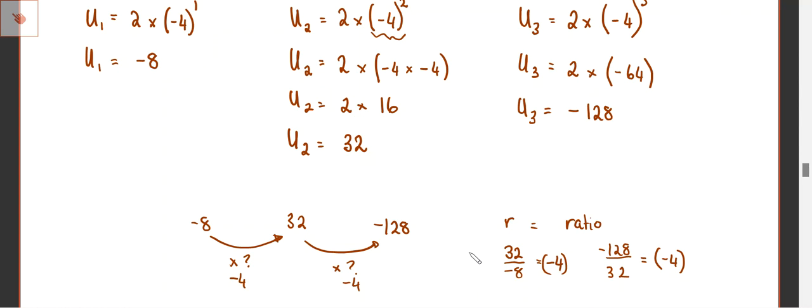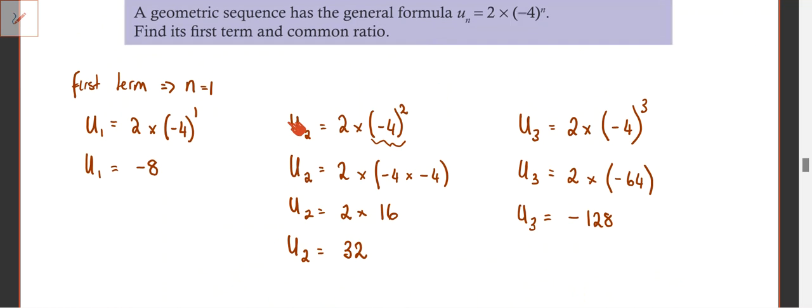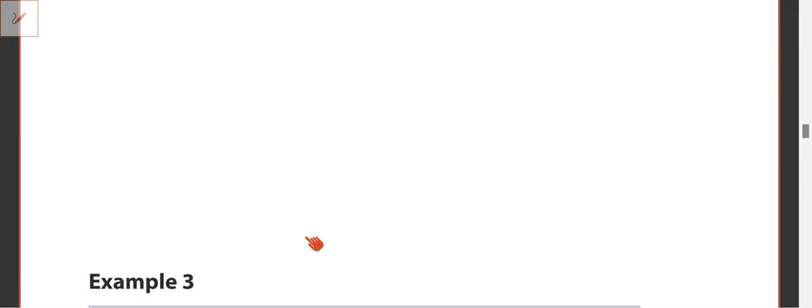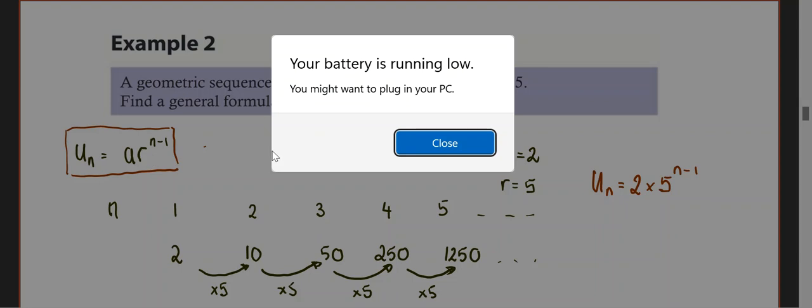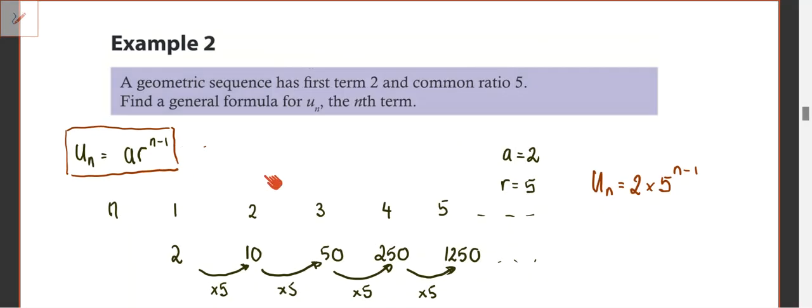It says negative 4 in there, because if I take you all the way back up here, it's a times r, a times r, and r is ratio. So that number will be your ratio. But you worked it out for yourself, and that's good. How do you feel about that?